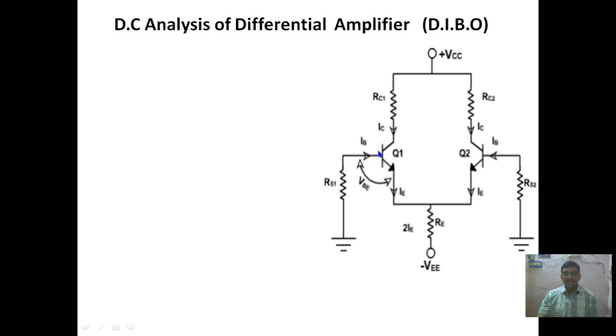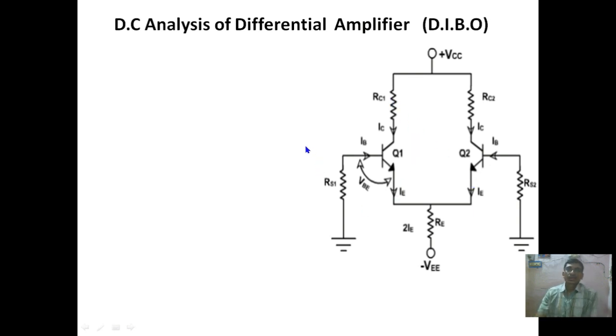See here, the Q1 base is at ground potential and the Q2 base is also given ground potential. In this way, we have grounded the two AC signals present in the circuit, so that we can do the DC analysis of our differential amplifier.